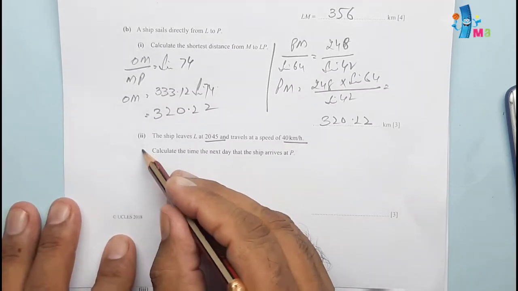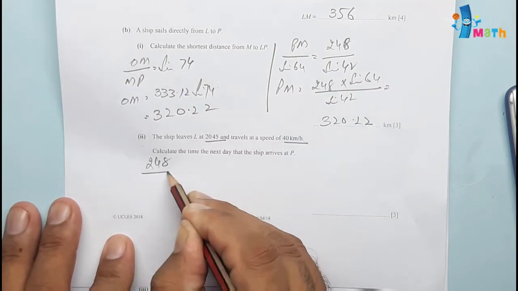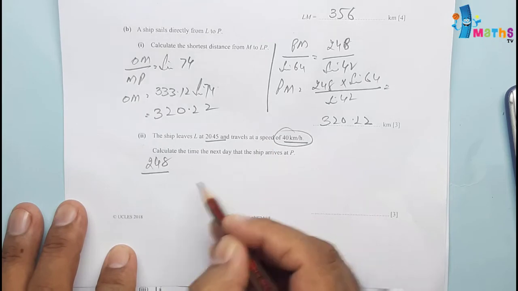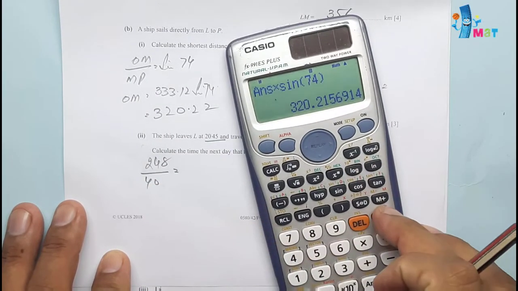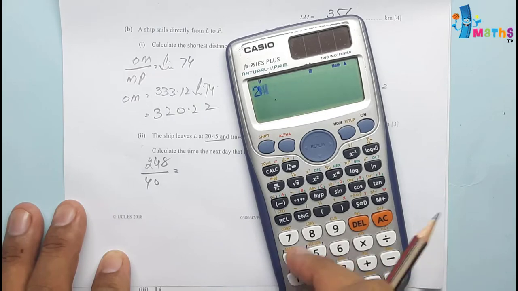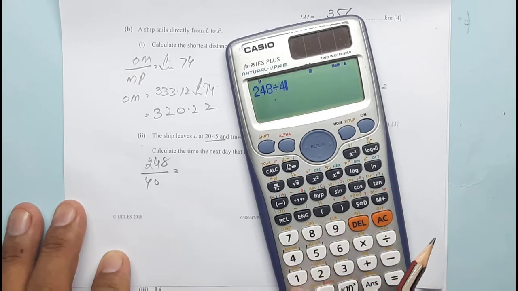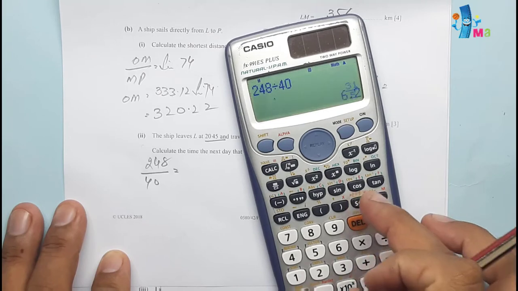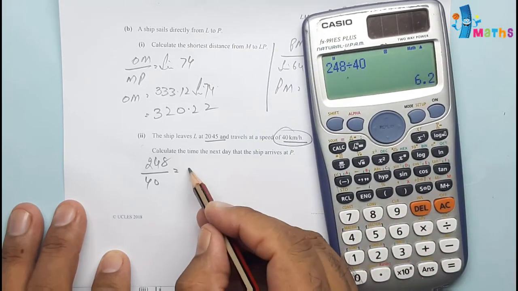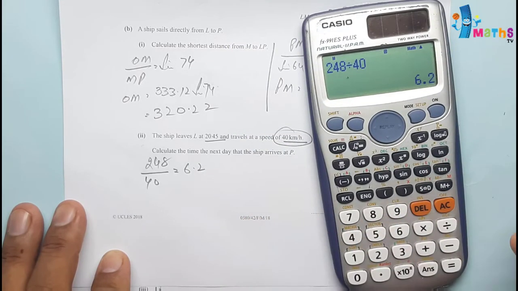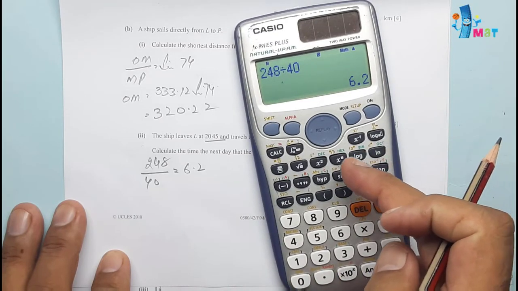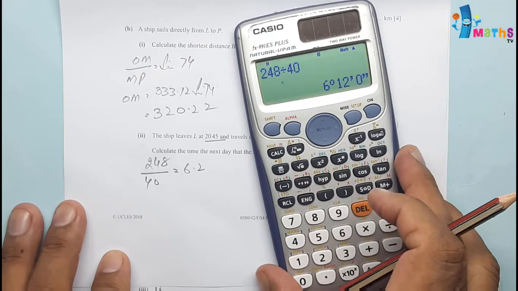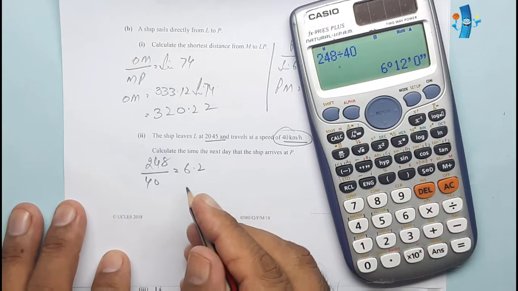So 248 divided by the speed, which is 40 km per hour. 248 divided by 40 will be equal to 6.2, and we can press the time button, this one: 6 hours and 12 minutes.